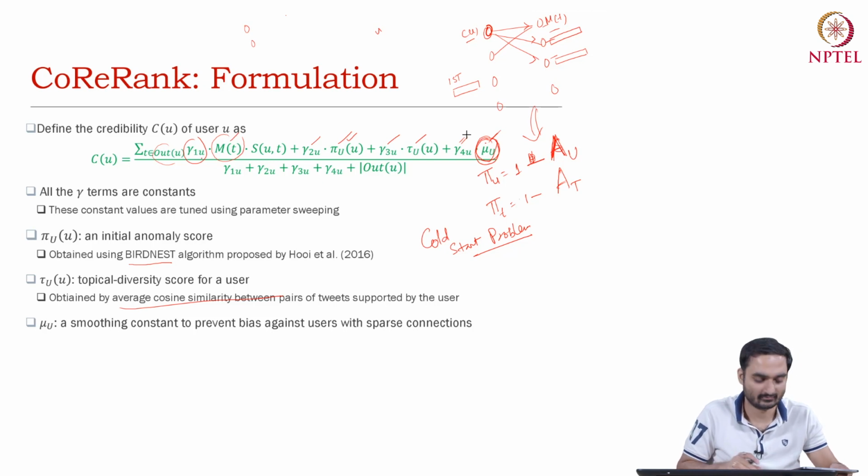So, this is some sort of smoothing, and we normalize it by all the constants, all the parameters and the total out degree. Okay. So, you see here that the credibility of a user is dependent on the merit of a tweet that he has retweeted.